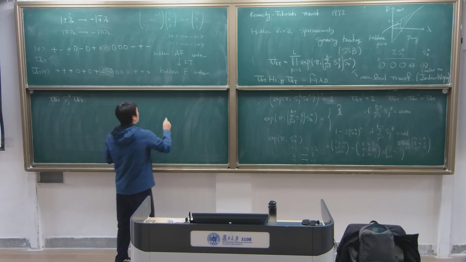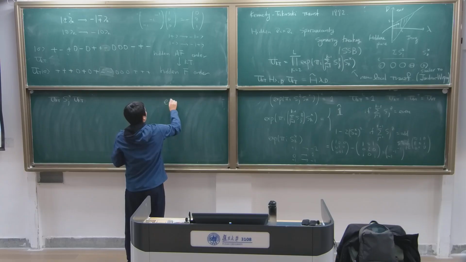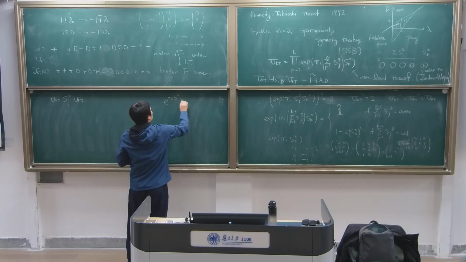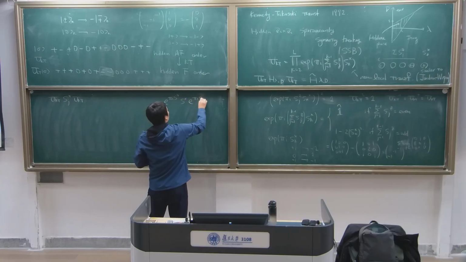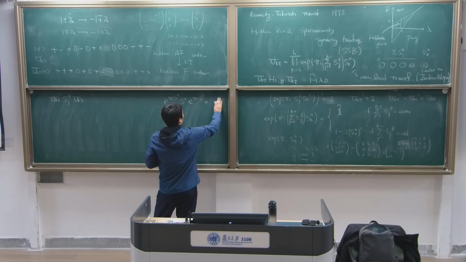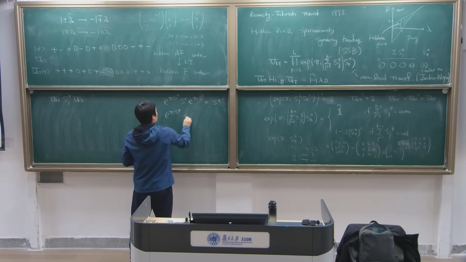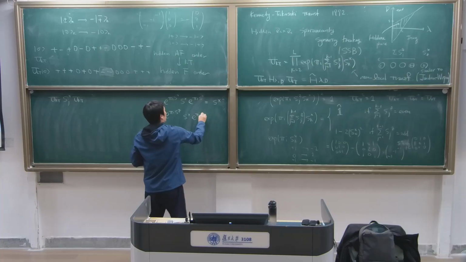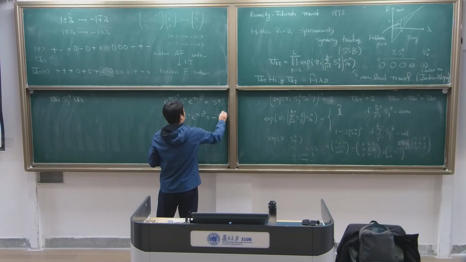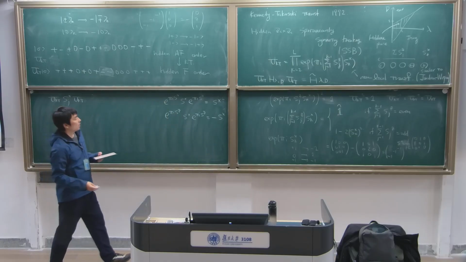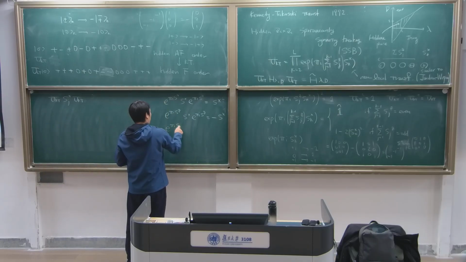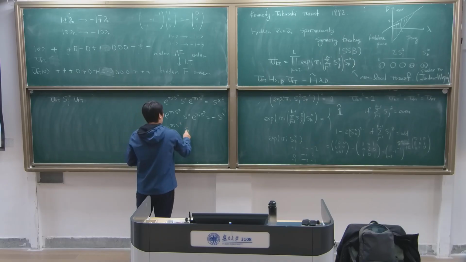By the way, do you know this one? e to the pi i S x, acting as x, e to the pi i S y acting as minus x, and e to the pi i S z acting as x.